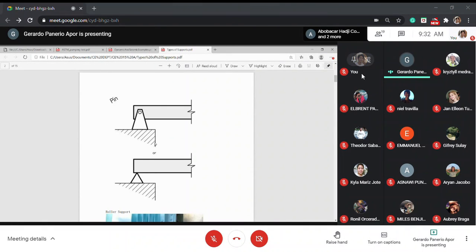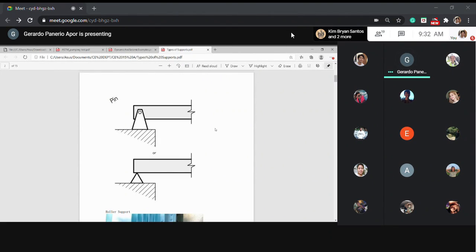Meaning there is a reaction along X. So if I'm going to put a reaction here, that is the reaction. Do you see what I wrote? And along Y, RY, right?